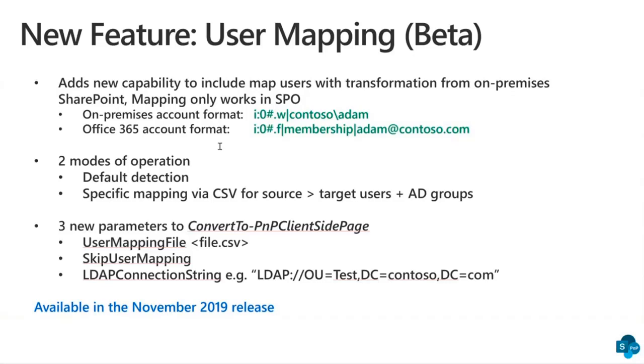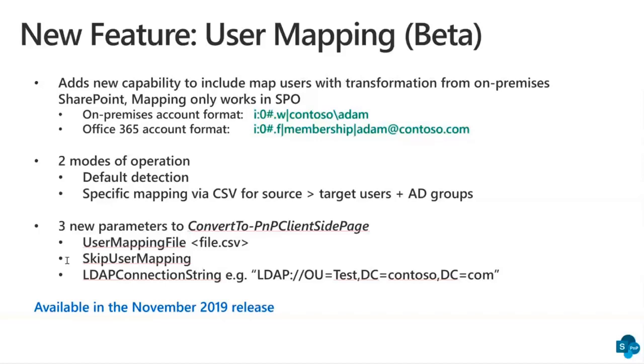We've added 3 new parameters to the ConvertTo-PnPClientSidePage cmdlet. The UserMappingFile parameter, so you can specify a CSV file with these mappings in. SkipUserMapping, so user mapping is on by default; if you want to turn that off, you're having issues with it, or you just don't want to use it, then just set that flag.